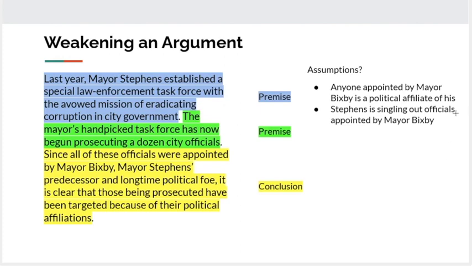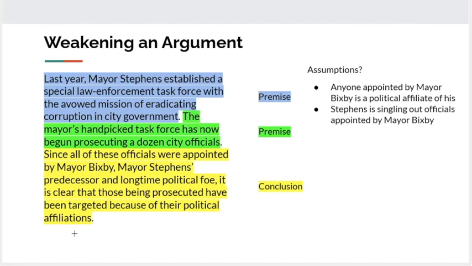But another assumption is that Stevens is singling out officials appointed by Mayor Bixby. In other words, it does say that all of the officials who are being prosecuted were appointed by Mayor Bixby. Well, we don't know anything about the percentage of officials in the government. In other words, what if all of the officials in the government were appointed by Mayor Bixby?